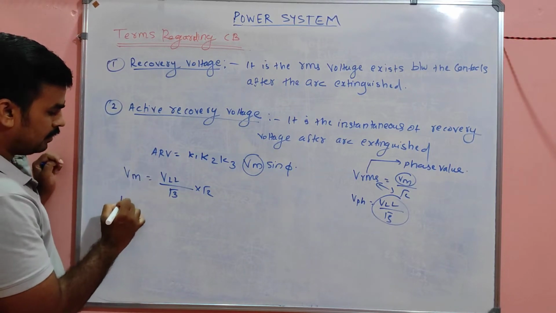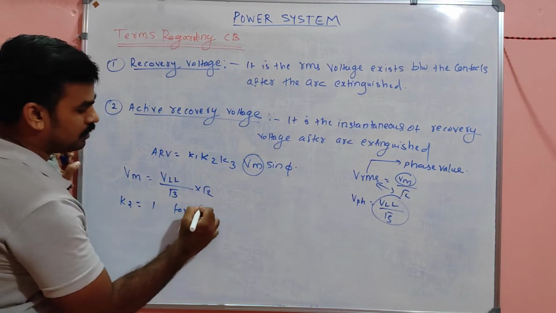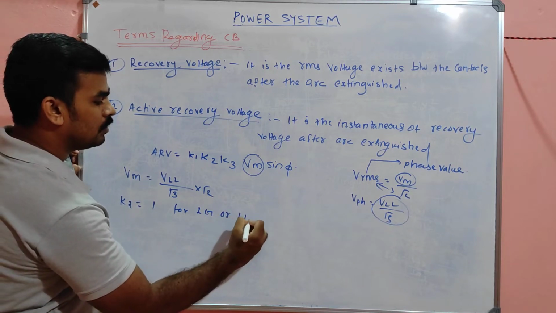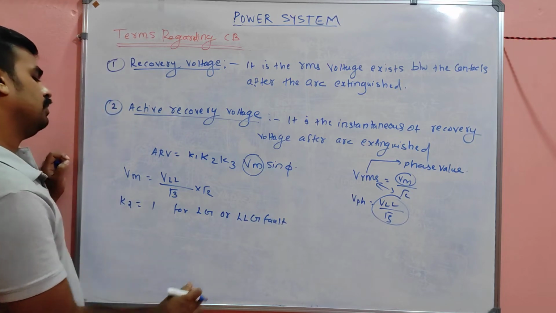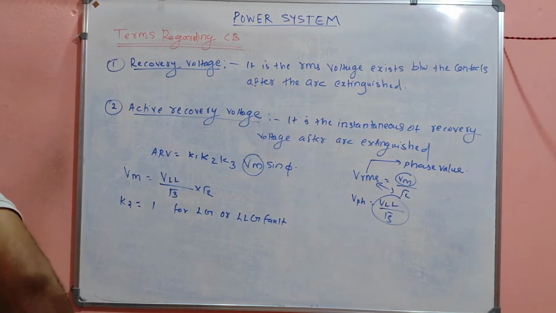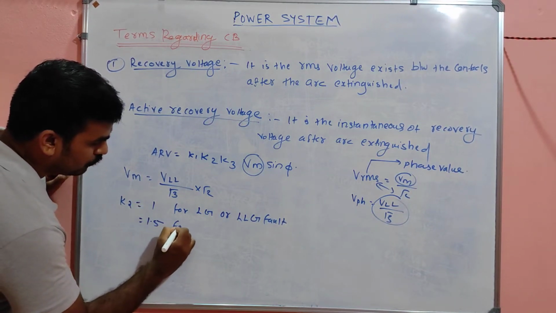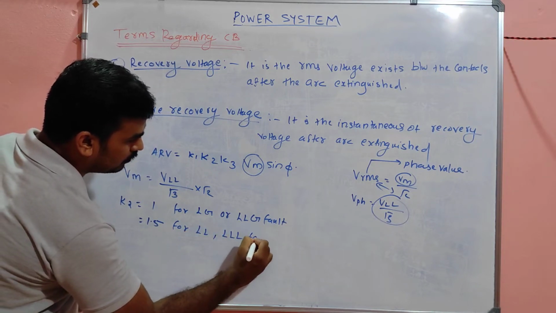And K2 will be 1 for LG fault, and it will be equal to 1.5 for LL fault.